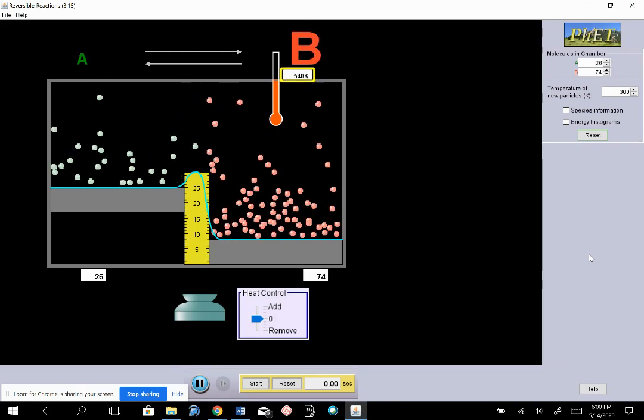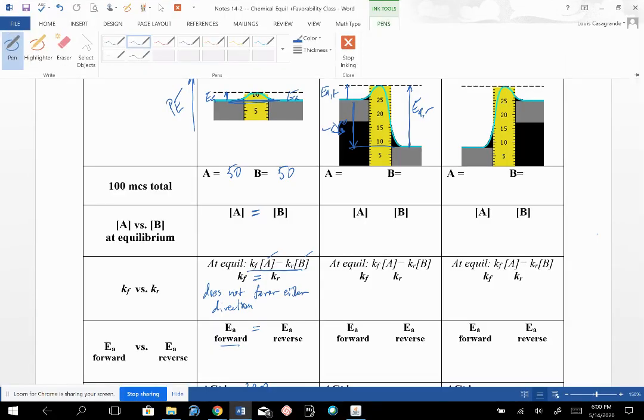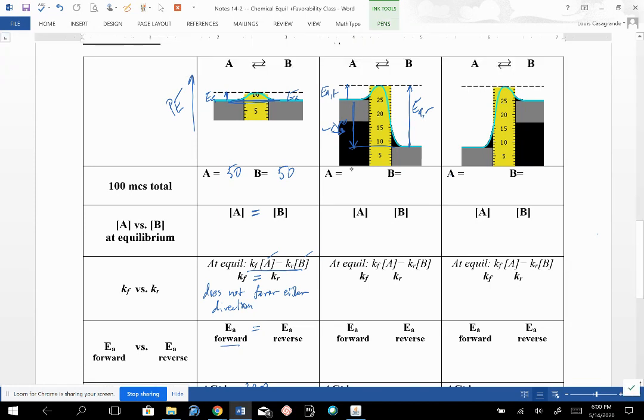So let's go back and start explaining what's going on here in terms of thermodynamics and in terms of kinetics. If we have 25 A molecules and 75 B molecules, that means that the concentration of B is much greater. And this is product favored. So we say that this is a product favored reaction.